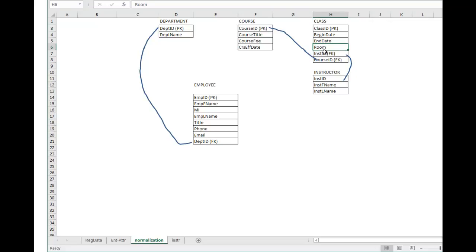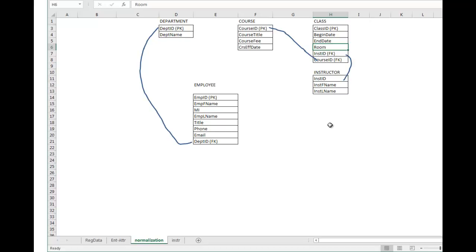If we want to go strictly by the normalization process, of course it will have to have its own table, because room definitely doesn't describe a class. But if you're going to have room, you're basically going to have a room ID and then whatever that room number is.